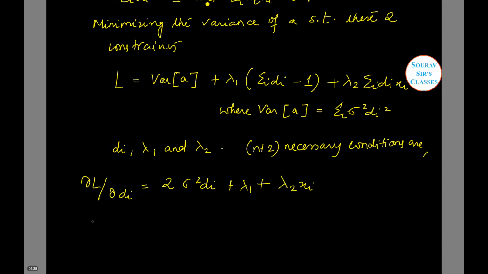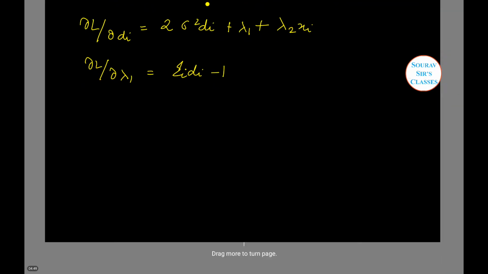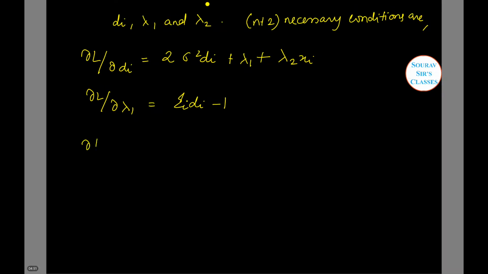Then del L by del lambda 1 is equal to summation di minus 1, and del L by del lambda 2 is equal to summation di xi.